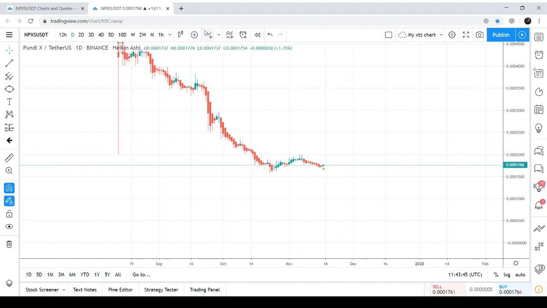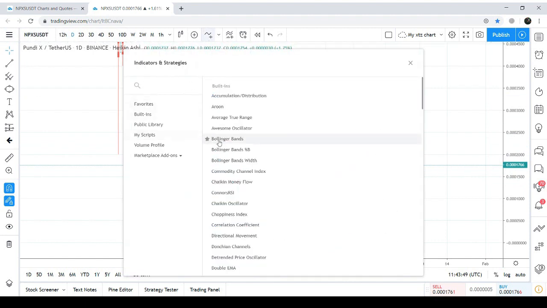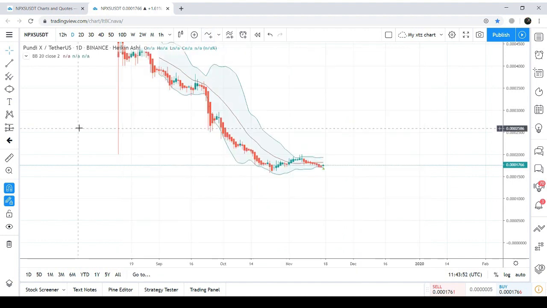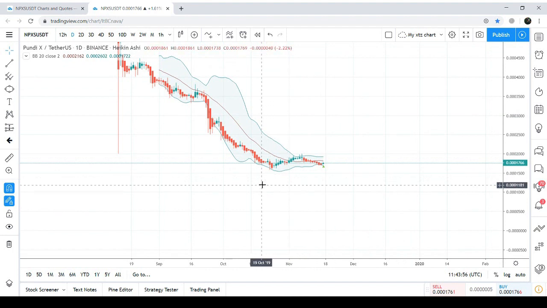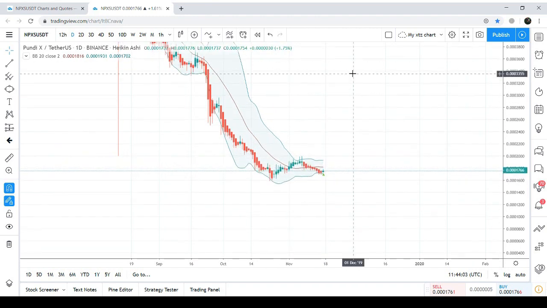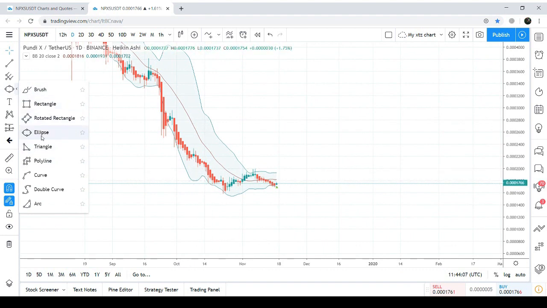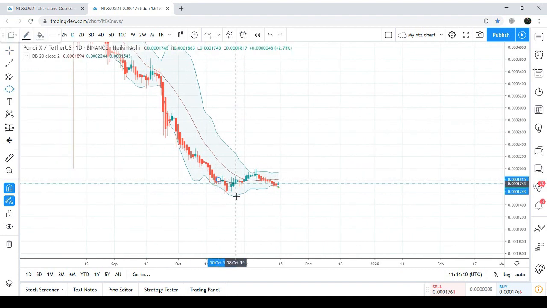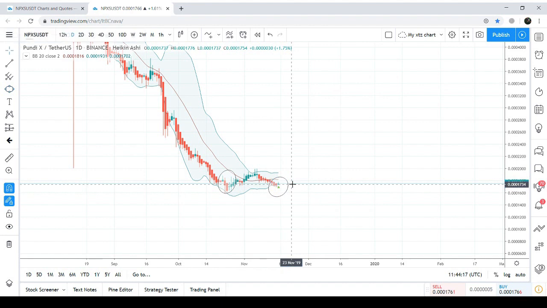If we place the Bollinger Bands on this day chart, we can see we are having a kind of double bottom on the lower band of the Bollinger Bands. First touch we have here, and this is the second touch at the support of the Bollinger Bands.